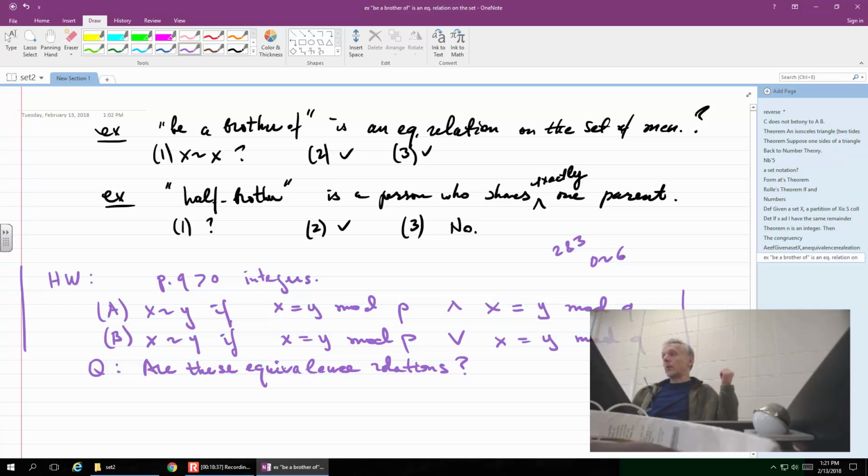The remainder in the division by 2 is 0, and by 3 is also 0. So that's an example of equivalence between two numbers. Whether it is an actual equivalence relation on the whole integers, that's for you to think about.